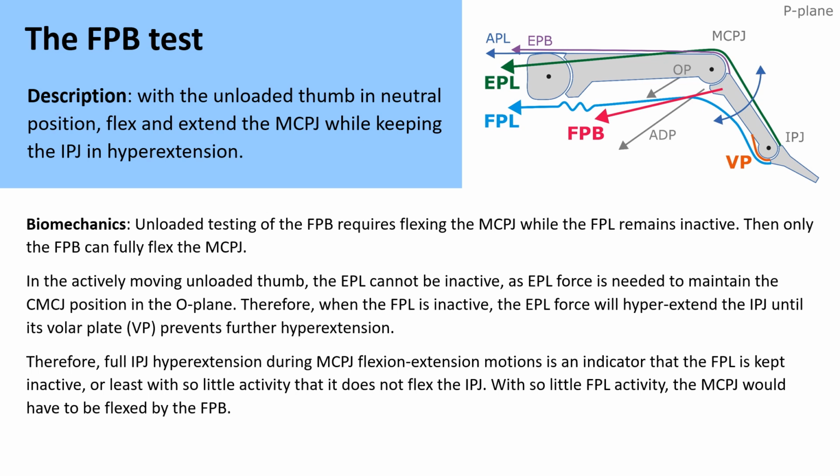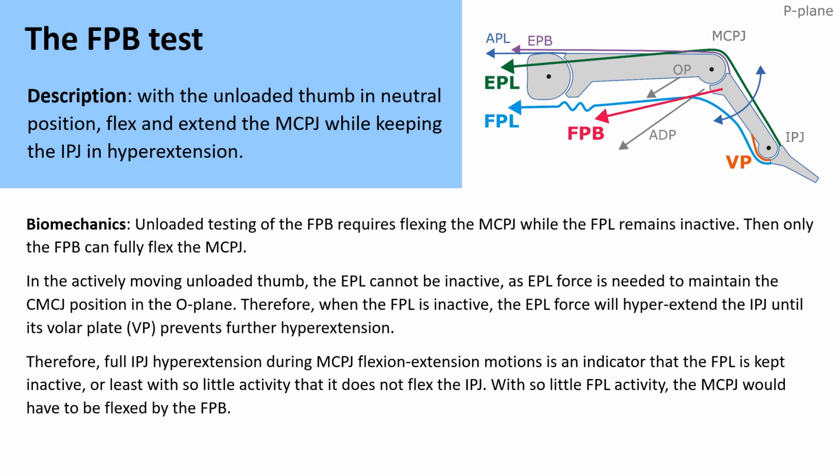In the actively moving unloaded thumb, the extensor pollicis longus cannot be inactive, as extensor pollicis longus force is needed to maintain the CMC joint position in the O-plane. Therefore, when the flexor pollicis longus is inactive, the extensor pollicis longus force will hyperextend the IP joint until its volar plate prevents further hyperextension.